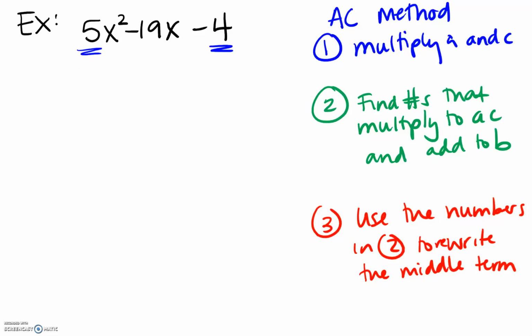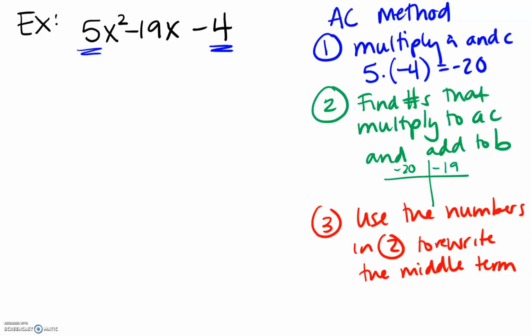All right, so now that you've come back from pause the video, because you've tried this on your own, first thing we got to do is multiply A and C together. So 5 times a negative 4 is a negative 20. So now we're on the hunt for numbers that multiply to negative 20, and add to negative 19.